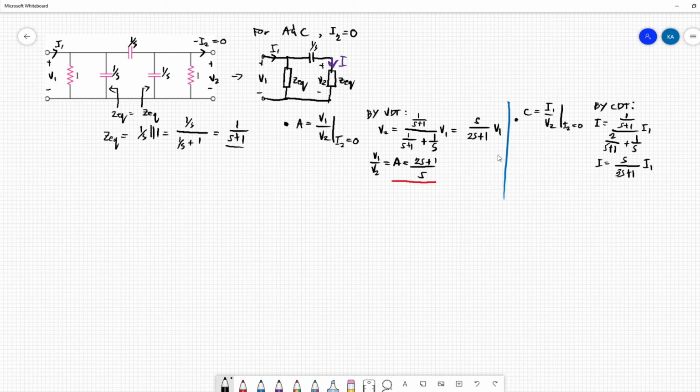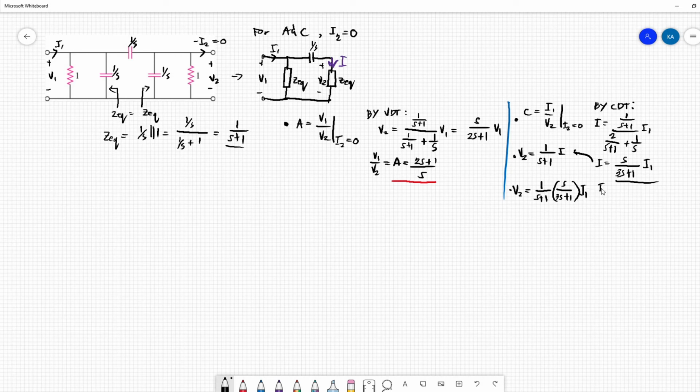Now by Ohm's law, our V2 is just equal to ZEQ times I, or 1 over S plus 1 times I. Now our I is equivalent to this one. So our V2 is equal to 1 over S plus 1 times S over 3S plus 1 times I1.